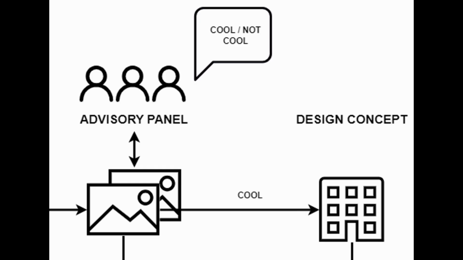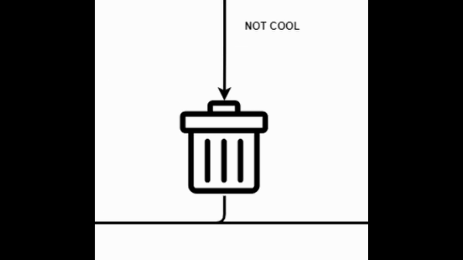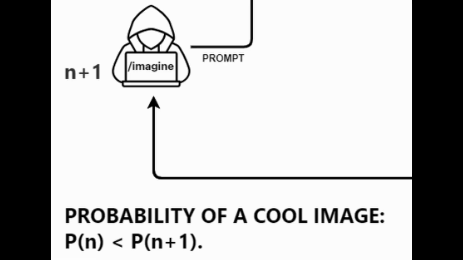Images judged cool proceeded to become design concepts. Images judged not cool were routed to a bin. The bin was large. The feedback loop returned to n+1. At the bottom of the diagram, a theorem: the probability of a cool image increases with each iteration. Somerville noted that this was true of any process with a bin in it.